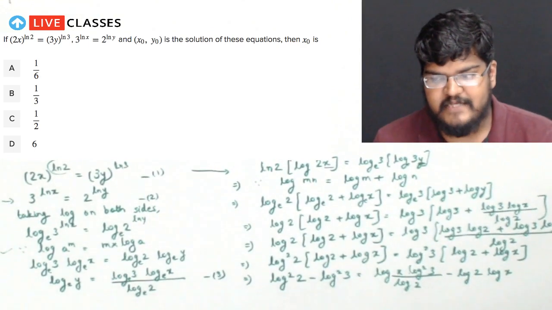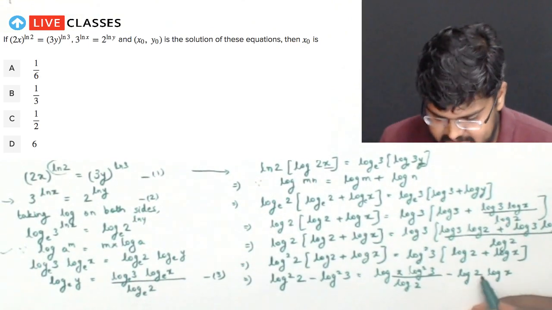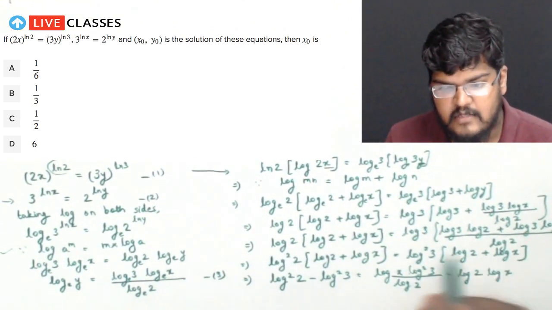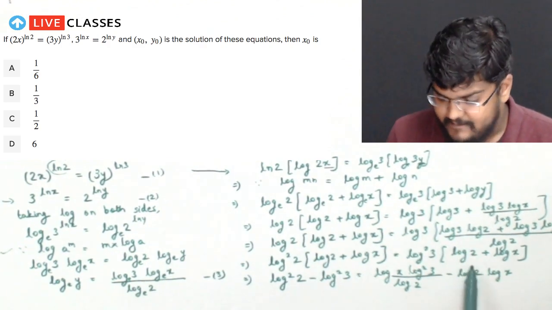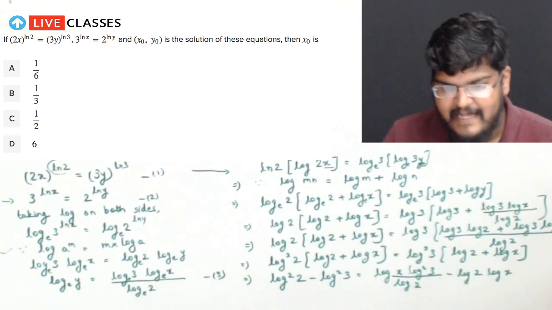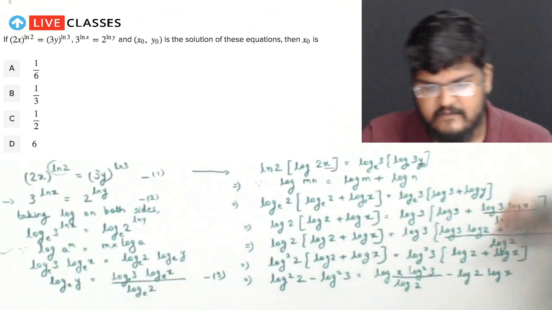So guys, make sure that you are reaching this particular step. There could be a simple simplification of multiplying the values, taking commons and further.